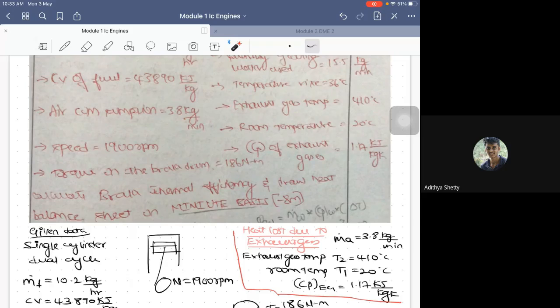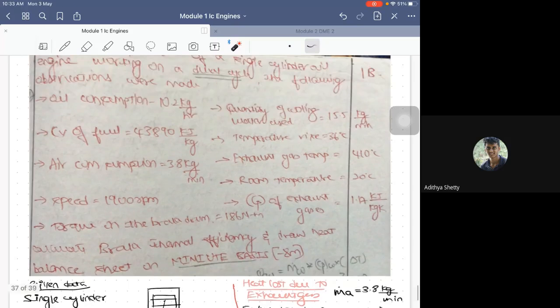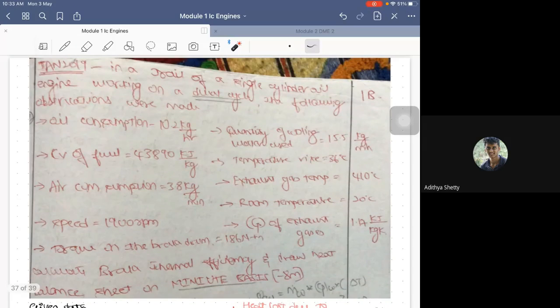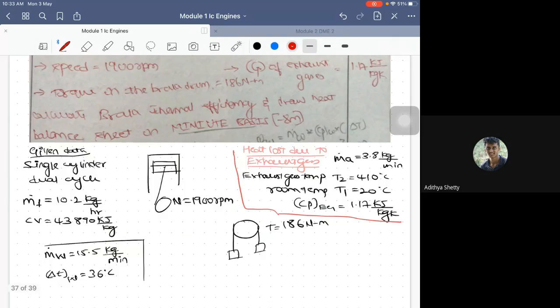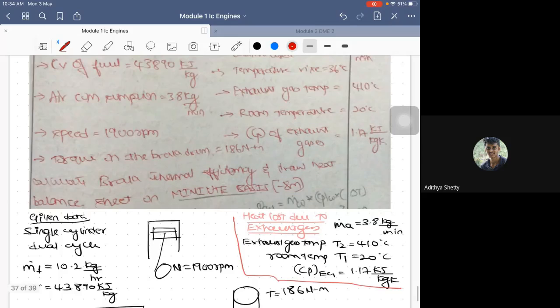Now, anything else which is being given but I have not listed? Any other parameter given but I have not listed? Just check. What we need to find here? Calculate brake thermal efficiency.